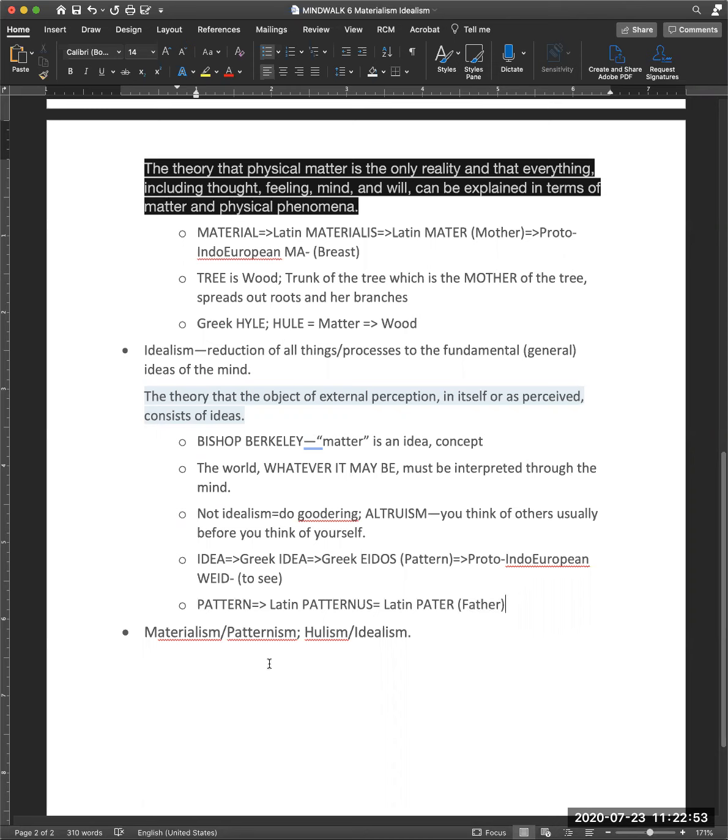What I like about materialism, patternism, if we use these terms, is that you see very quickly that at least for Romans, at least for people who spoke the Latin language, talking about materialism and idealism, or talking about matter and ideas, was talking about the mother, the physical body, and the pattern, the mental shape, right? And this already shows a certain kind of dichotomy between the masculine and the feminine in the Latin language, okay?